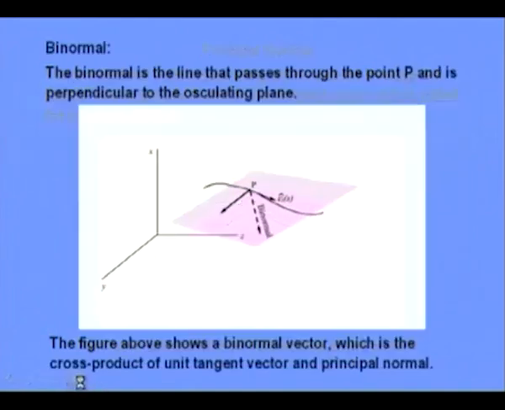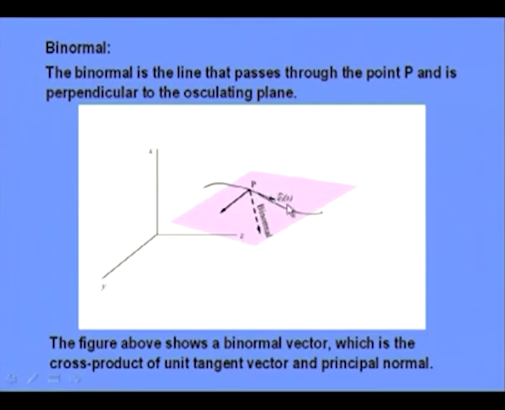Now, another vector is defined, that is the binormal. The binormal is the line that passes through the point P and is perpendicular to the osculating plane. So, if this is an osculating plane, then the binormal is downward, perpendicular to the plane.